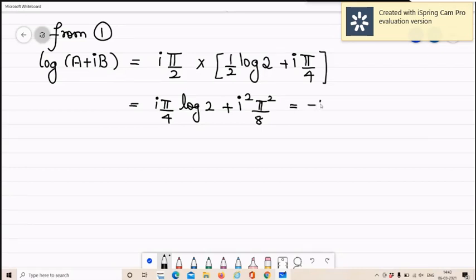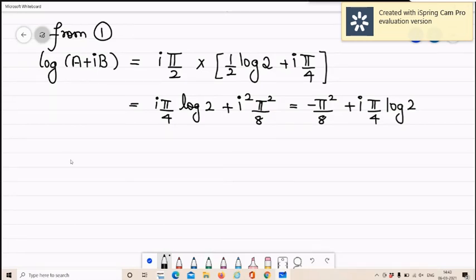I square is minus 1. So my pi square by 8 becomes the real part, and I into pi by 4 log 2 becomes what? The imaginary part. Is that clear? So minus pi square by 8 plus I into pi by 4 log 2.